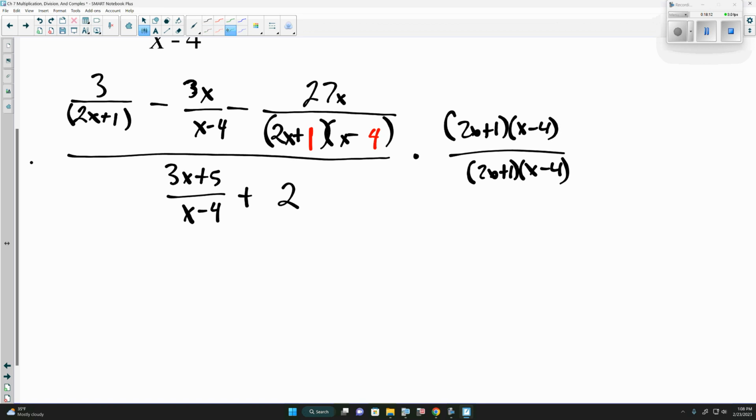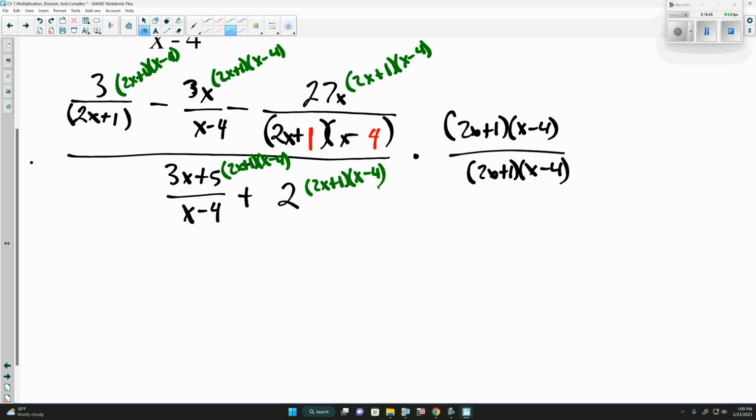Now, just like with the last one, we can do the same thing, because trying to multiply this all together and rewrite it as individual fractions would take up a lot of space. So we're going to multiply each and every single one of these by 2x plus 1 and x minus 4.